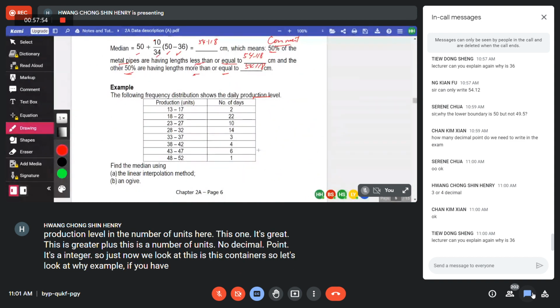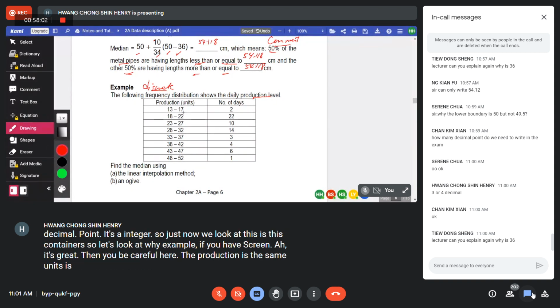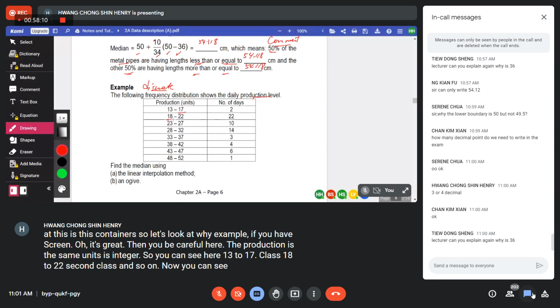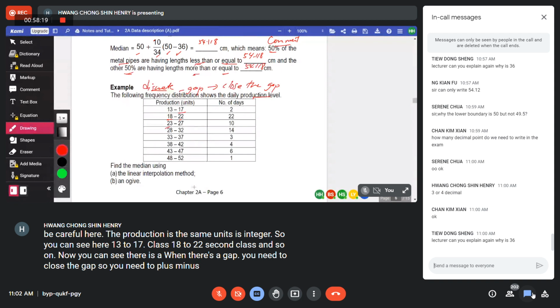If you have discrete data, then you be careful here. You can see here 13 to 17 first class, 18 to 22 second class, and so on. Now you can see there is a gap. When there's a gap, you need to close the gap. So you need to plus minus 0.5.